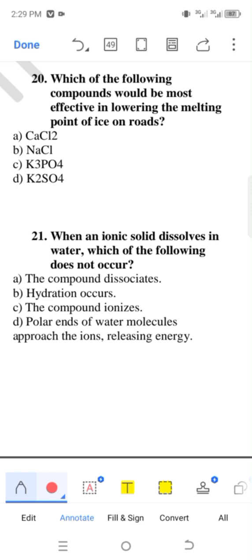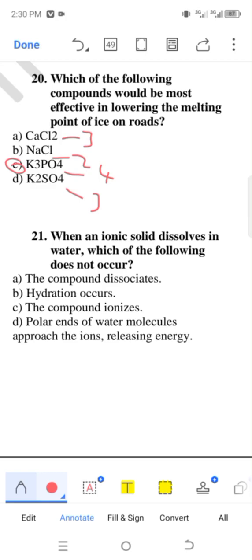The first one has the ion factor of 3, the second one 2, the third 4, and the fifth 3. So C is the correct answer because it has the highest ion factor. And of course, in such questions, the molality must be the same and Kf the same. You get the highest depression, I mean, it is more effective in lowering the freezing point of the ice on roads.